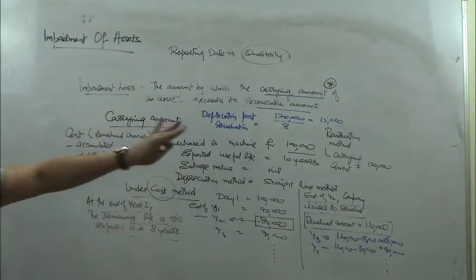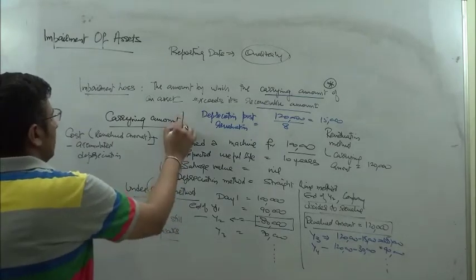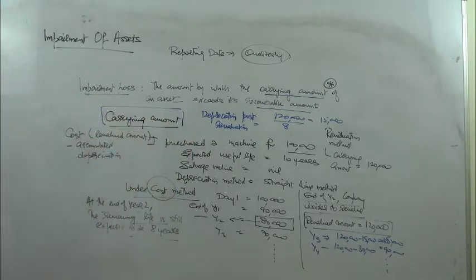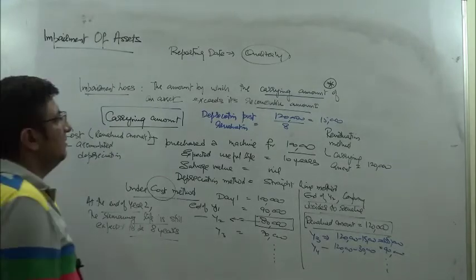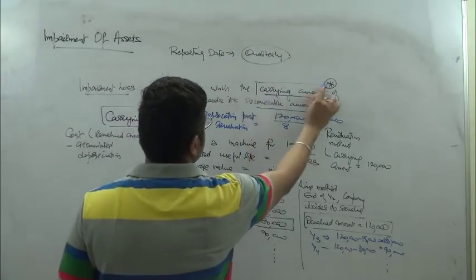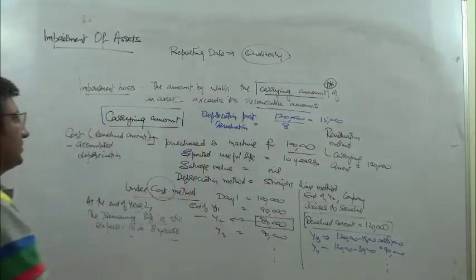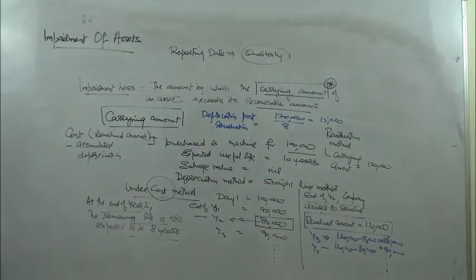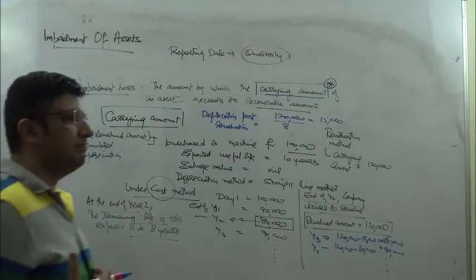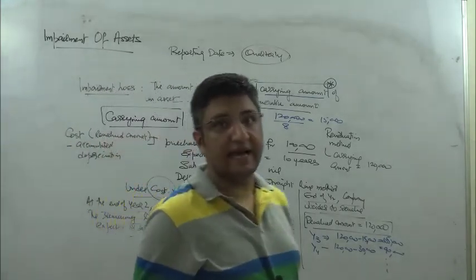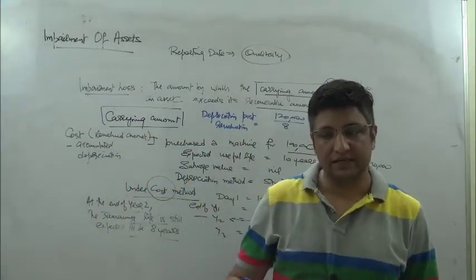So what all we have said is we've just tried to calculate the carrying amount here. Nothing more than that. Okay, right? So this is one part of this discussion that we have conducted in terms of what is meant by the carrying amount. There's still more complexity.